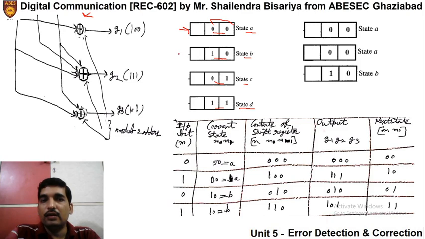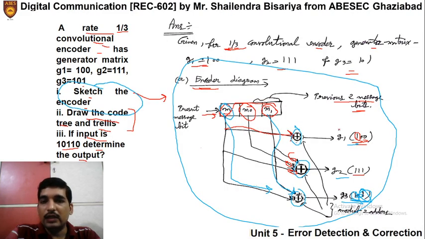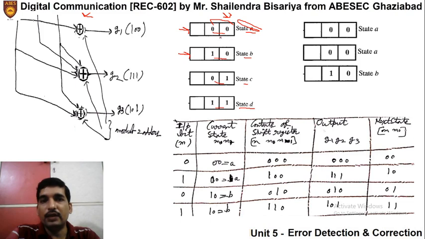So we define the states based on the condition of the previous two bits, not the present bit. Based on these previous two message bits, we define whether it is 00, that is state A, 10, that is state B, 01, that is state C, or 11, that is state D.